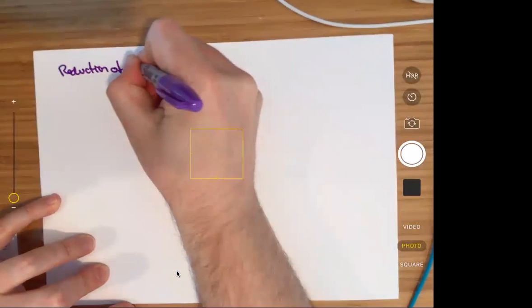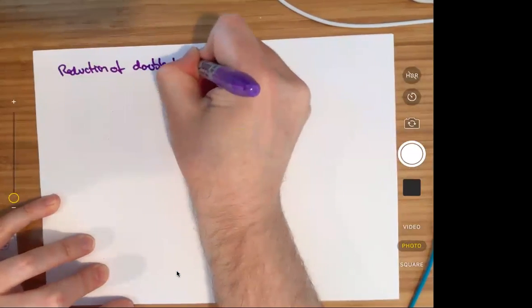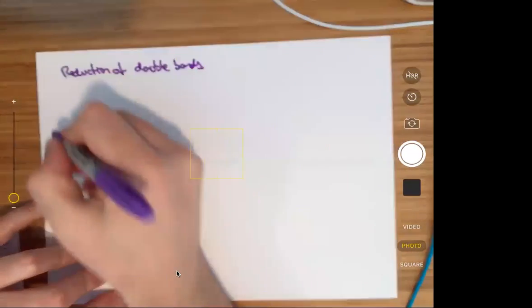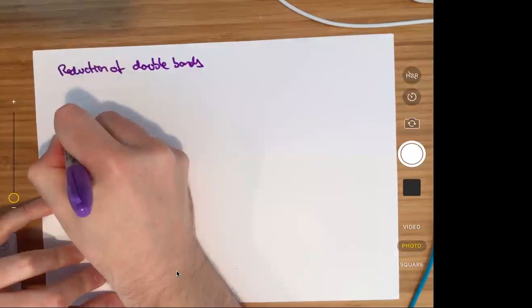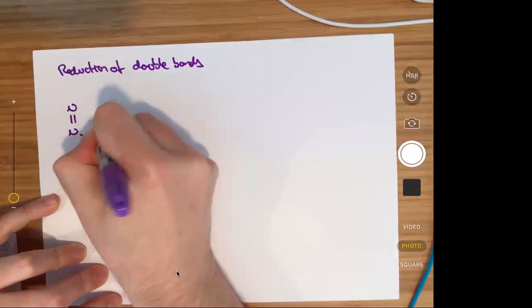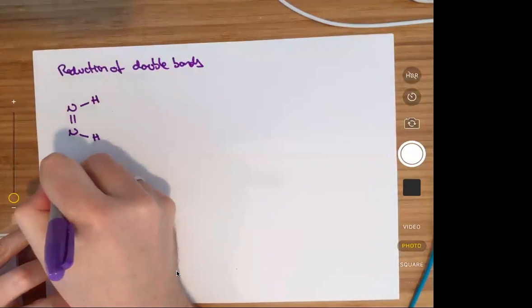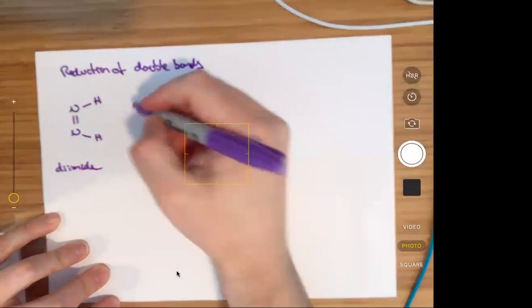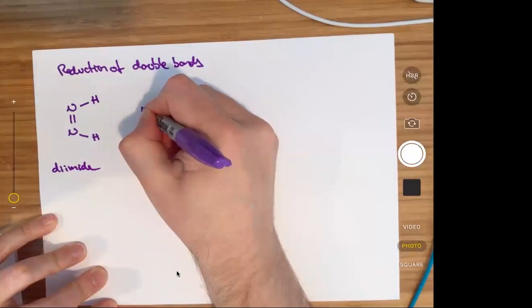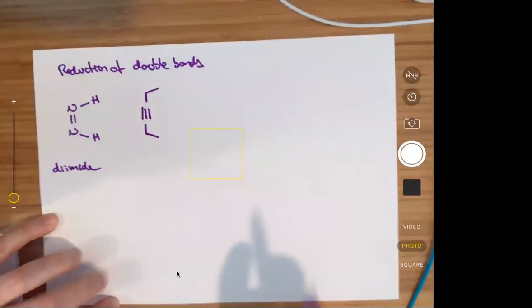We had one example as part of our lecture when we were talking about reducing double bonds, where we had diimide. And we reacted this, I don't remember what it was exactly, maybe a triple bond or a double bond. It's exactly the same. Let's pick a double bond here.